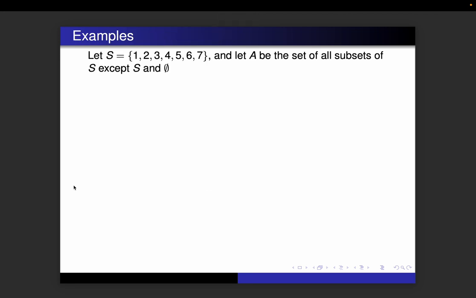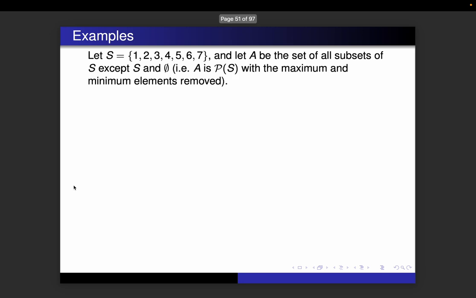So let's see if we can demonstrate these on a partially ordered set that's very similar to the last example we did, except we're going to remove a couple of possibilities. So we're still going to take the set S containing the integers 1 through 7. This time our partially ordered set A is going to be almost all of the power set, but we're going to remove S, and we're going to remove the empty set.